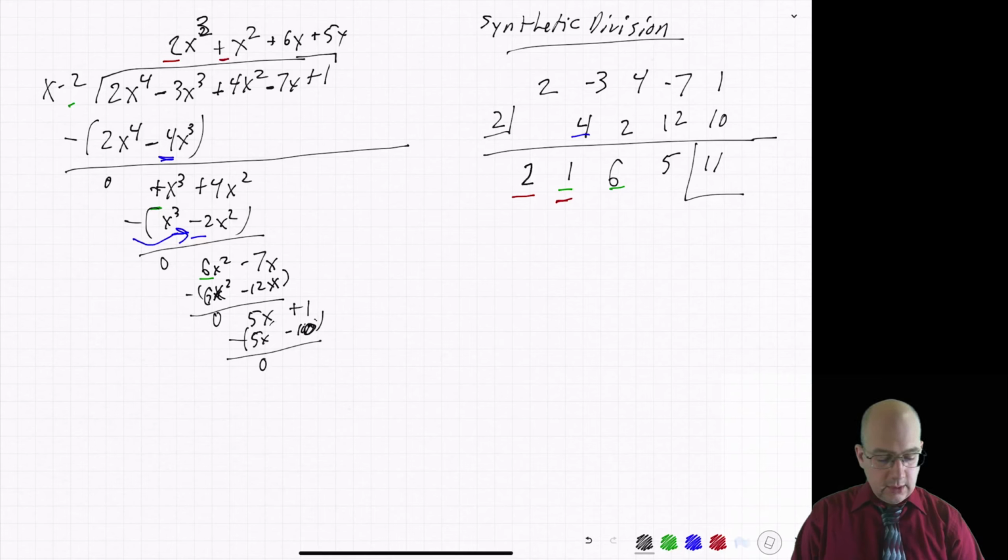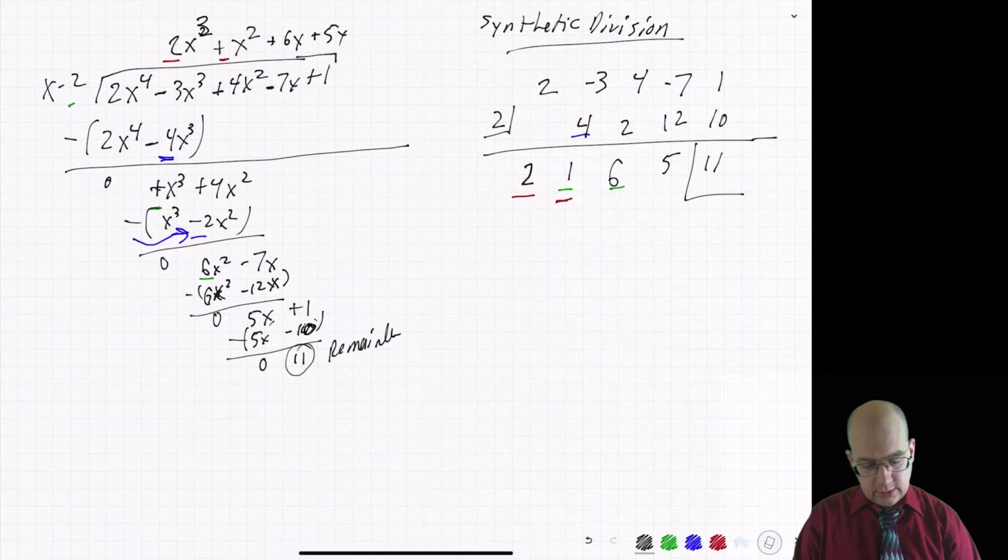Anyway, this, and then negative 10, 11, so remainder. Right? And so what do we have? This thing says basically, 2x, so there's 4 terms here.